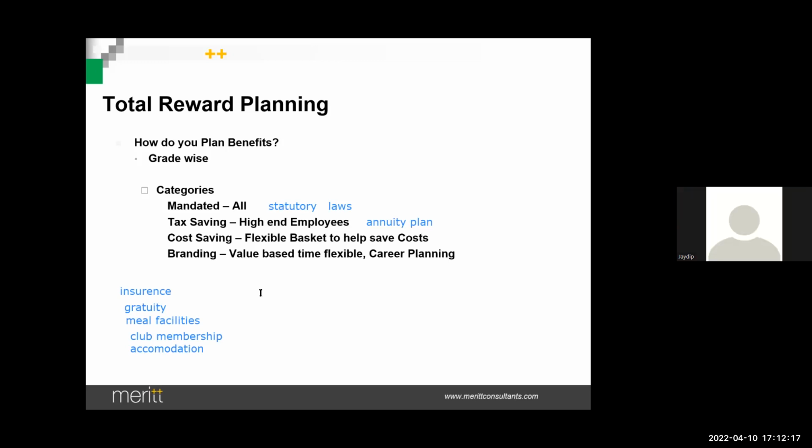Participation in the skill development program is a branding benefit. For example, before COVID, there were some organizations which branded themselves by saying that we give you a flexi option to work. You can work from home, you can work from anywhere.